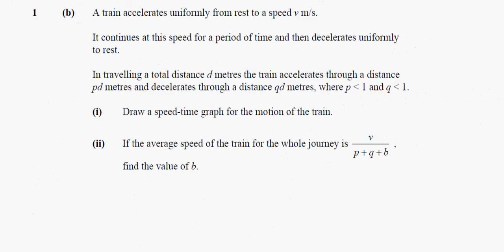Next part. A train accelerates uniformly from rest with a speed v to a speed v meters per second. It continues at this speed for a period of time and then decelerates uniformly to rest.